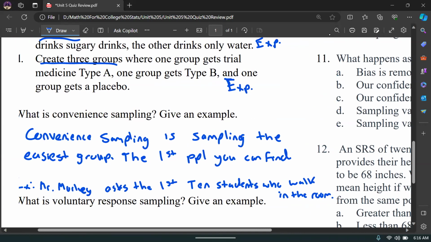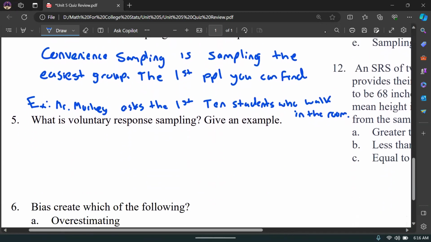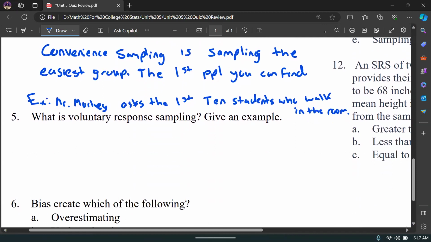Whatever my survey question is, the first 10 people that come in, I ask them, boom, boom, boom, boom, boom. Whatever that survey question is. So that's convenient sampling. So number 5, what is voluntary response sampling?